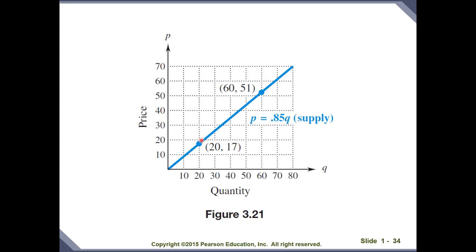If it goes up to $20 a bushel, even more will. If it goes up to $30 a bushel, even more will. If the price goes up to $60 a bushel, we'll have almost 70 bushels being supplied. So as the price increases, the more companies are going to produce. So as price goes up, supply goes up.